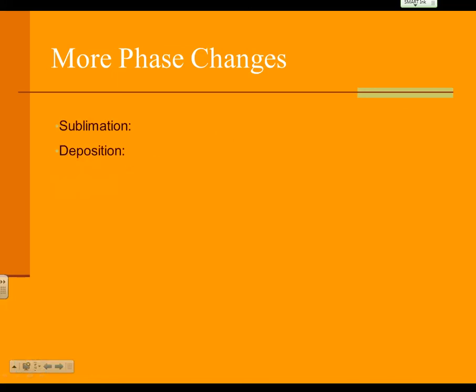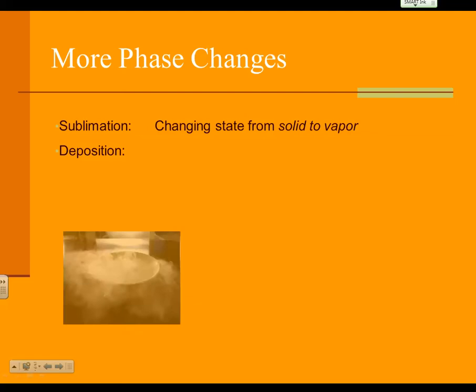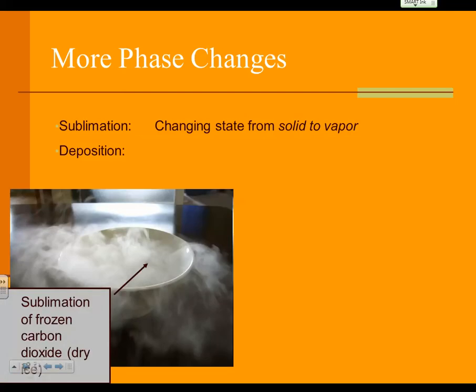Some other phase changes we used in the weather unit. Sublimation occurs when water goes directly from the solid phase straight to vapor, skipping the liquid phase. Now, this isn't water here. This is carbon dioxide, dry ice, in that photograph.